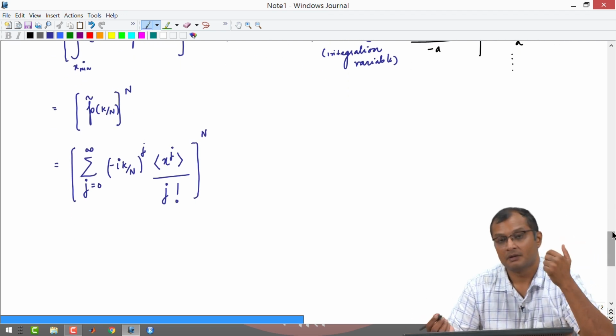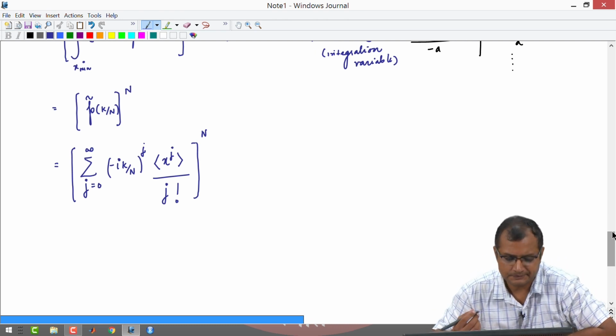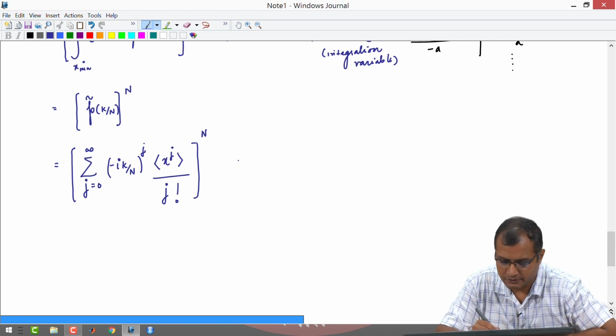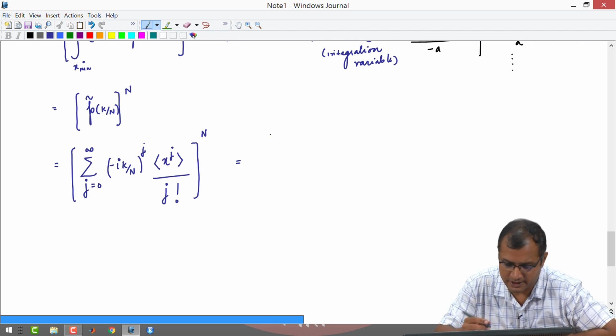Now, you can write down this summation for a few values, let us say for j equal to 0, 1 and 2. For j equal to 0, you simply have 1.